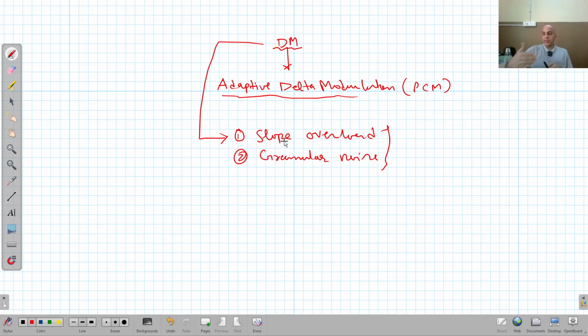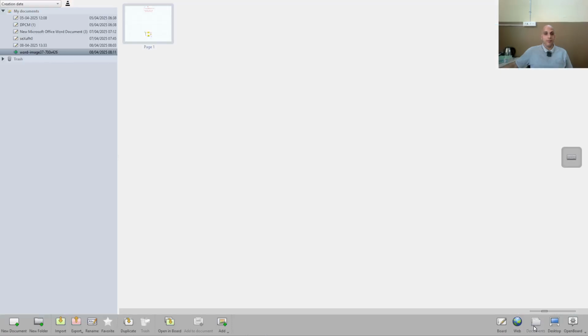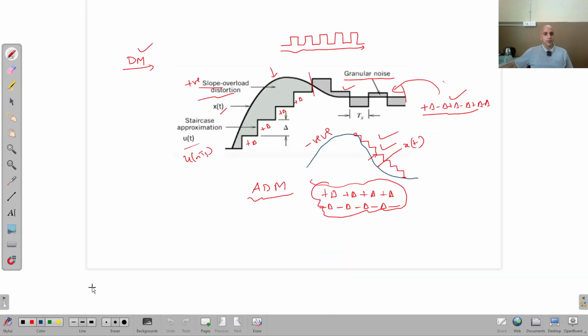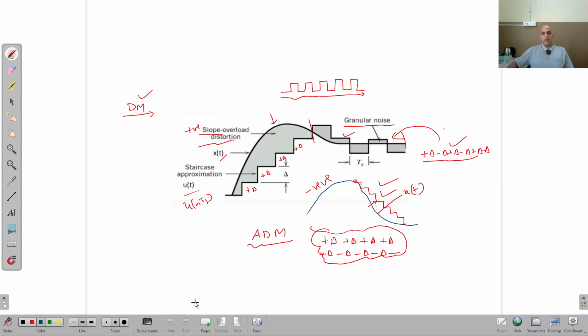Before proceeding further, I want to recall the slope overload and granular noise that we discussed in the earlier lecture. You can see here what slope overload was, and this is granular noise.